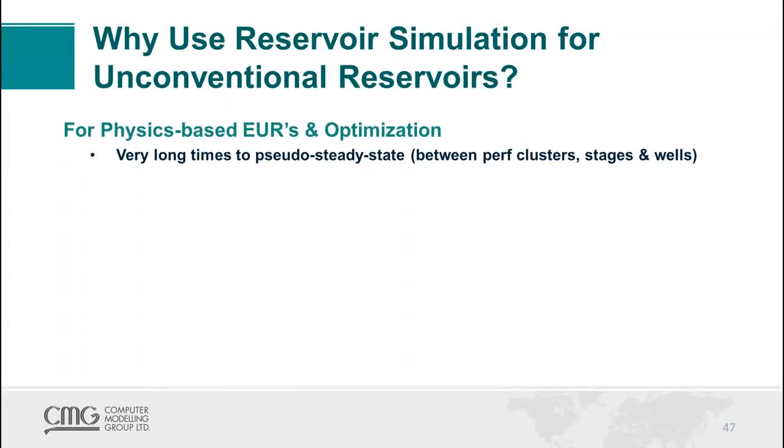Because most of these tight and shale type reservoirs, with matrix permeabilities in the range from 1,000 to 100 nanodarcies, most of the history that we have of these wells is in transient flow. So we have very long times to pseudo-steady state, even between perf clusters, but certainly between stages and between wells.